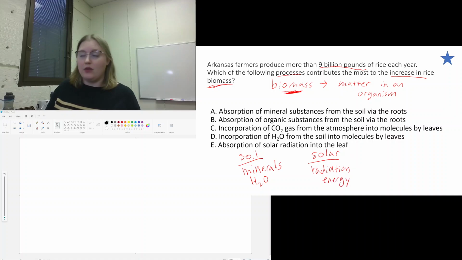So that's not going to be responsible for the mass that is being made in the rice. A lot of this mass is made up of carbohydrates, right? And what do we need to make carbohydrates? It is carbon. So we're actually getting the majority of the carbon from carbon dioxide in the air.